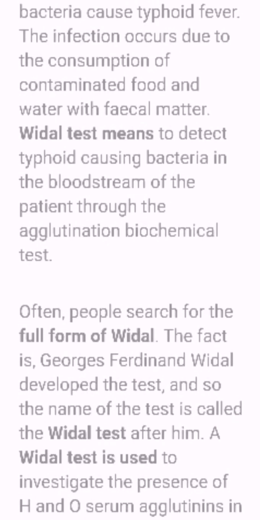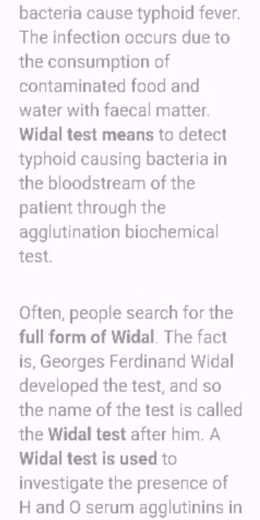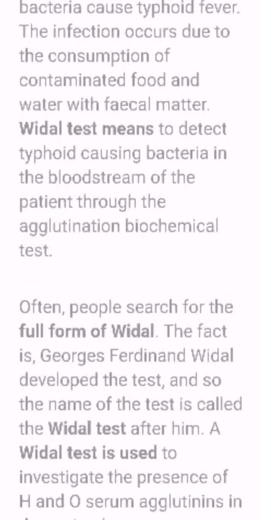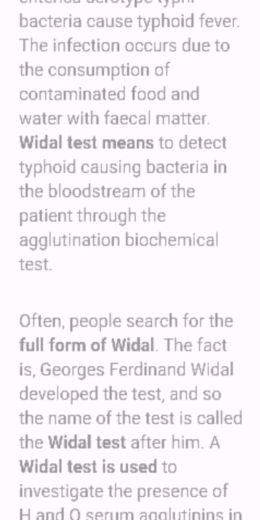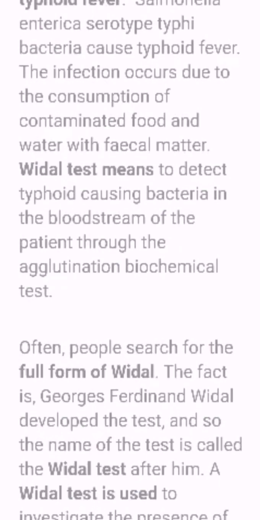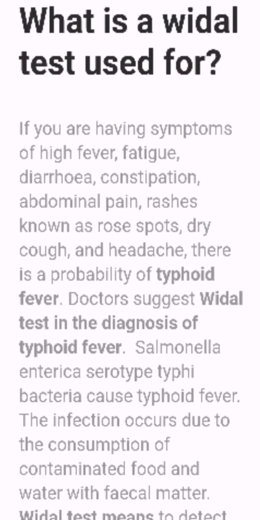The Widal test detects the typhoid-causing bacteria in the bloodstream through an agglutination biochemical test. Often people search for the full form of the Widal, and the fact is that George Ferdinand Widal developed the test, so it is named after him.